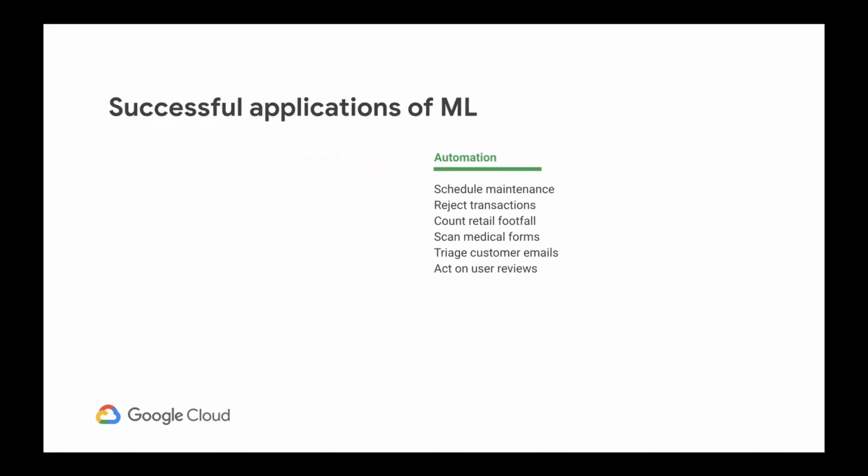You see some examples here: scheduling, counting, triaging, things like where you automatically get directed to the right type of customer service grouping based on the type of issue. We're automatically looking at user reviews and flagging something that requires review. So in basically any manual steps, seeing if we can automate that.